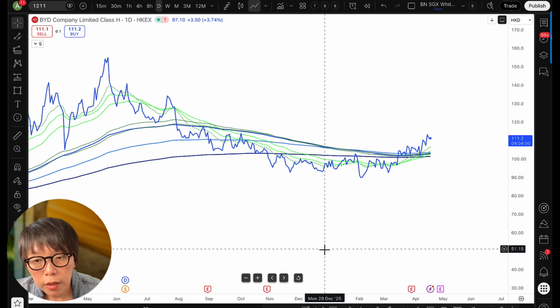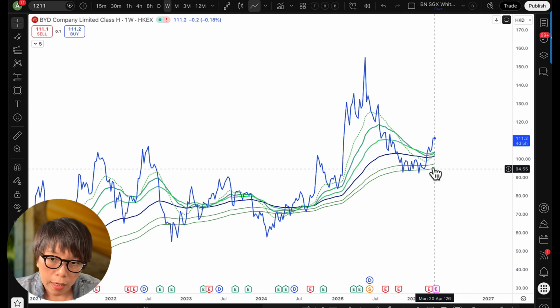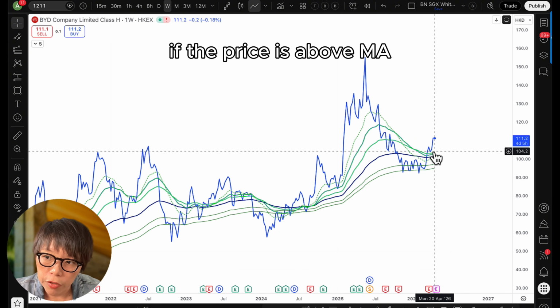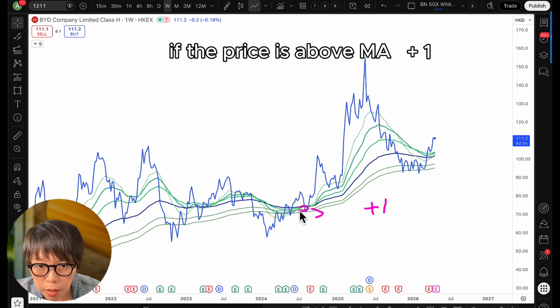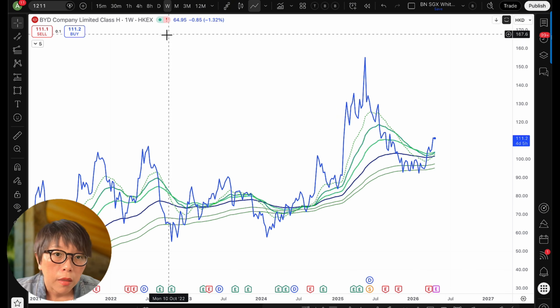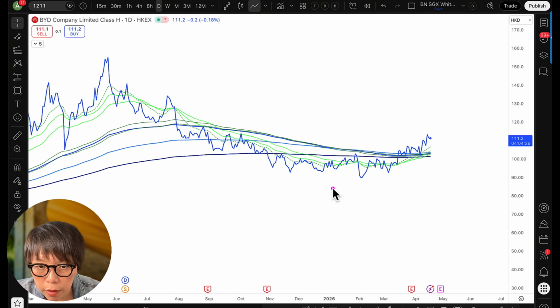What I like to do is I like to give a grading system. For example, if let's say the price is above the moving averages, then it will be given a +1. If, for example, the price is above the week moving averages, now that will be a score of 1. Now then, if I switch to the day and find that prices, same thing, this is a day, and prices are still above the moving averages on the day time frame, then that would give a score of 1.